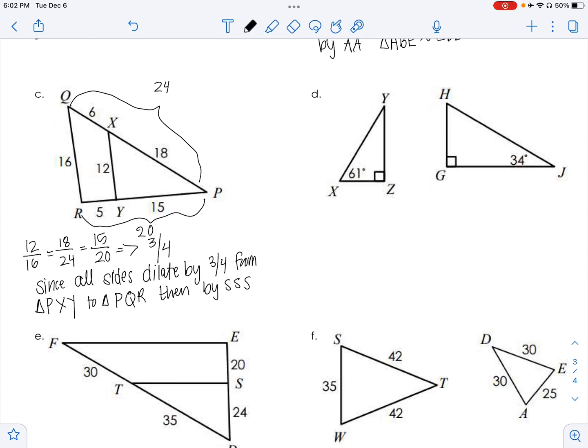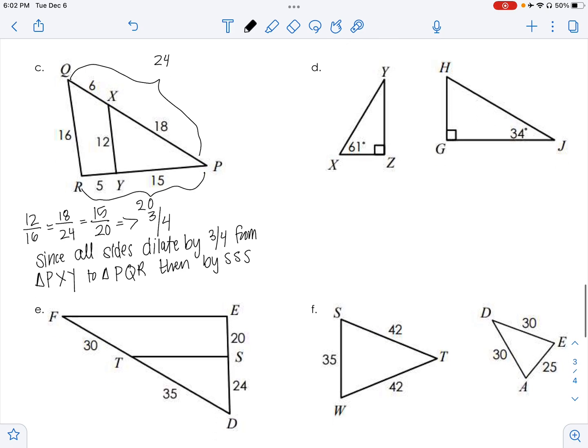This could also be side-angle-side, since we know that angle P is congruent to angle P. Triangle PXY is similar to triangle PQR.